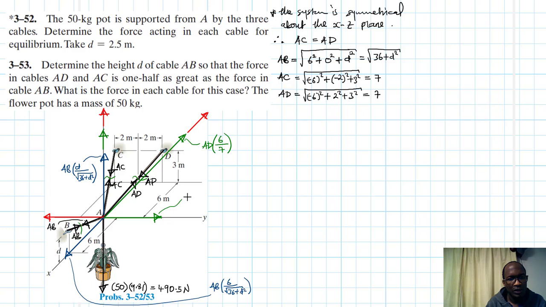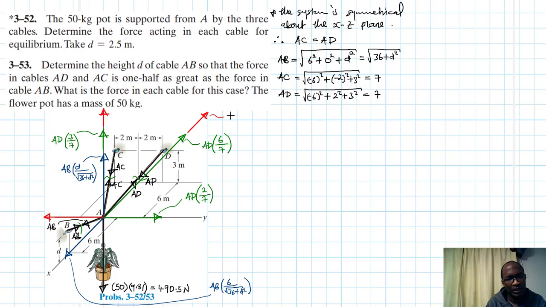And then this one, AD by in the y it is a 2 divided by a 7. Then AD along the Z it is a 3, right, divided by a 7.